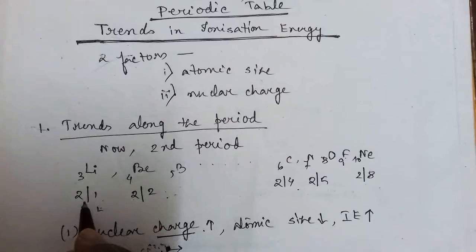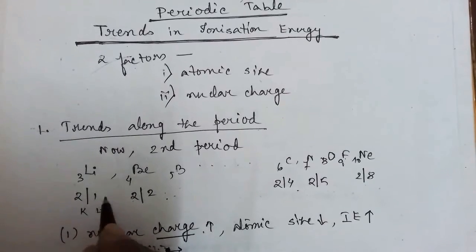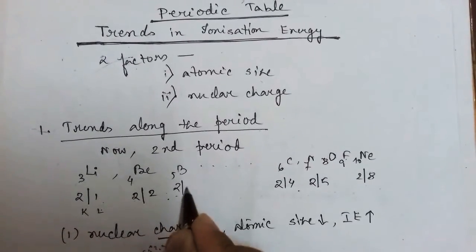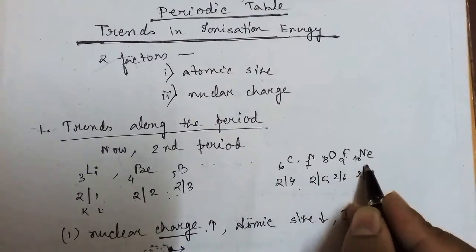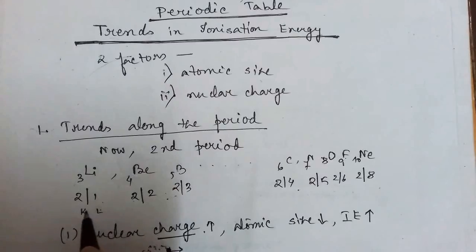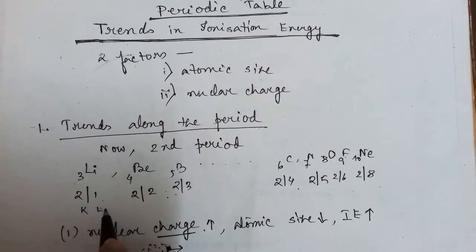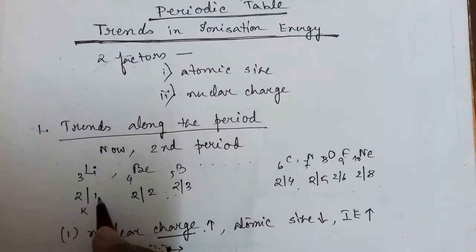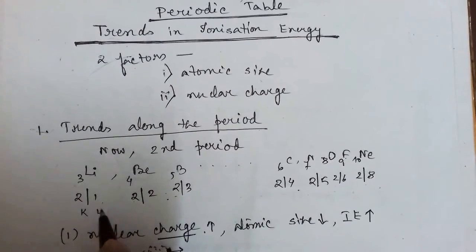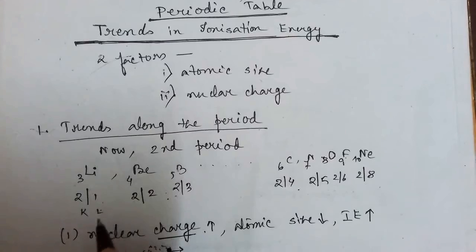If we consider its electronic configuration, 2,1, 2,2, 2,3, 2,4 and so on. So the number of shells, K and L, remains the same, and the electrons are being filled into the last shell, that is the shell L.